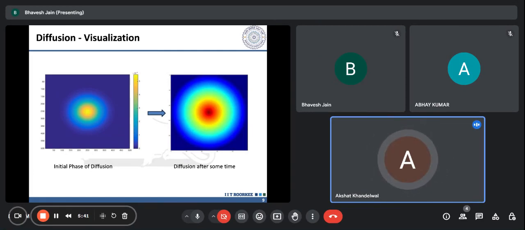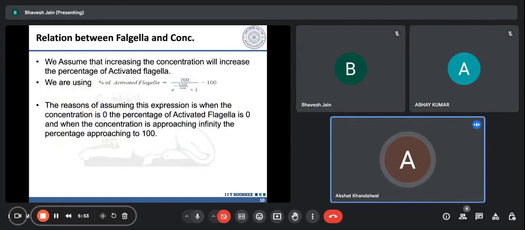We can see that in the initial phase of diffusion, the radial distance which is very far away from the center has a very low concentration, and with time it increases. Next, Akshat will continue the presentation.